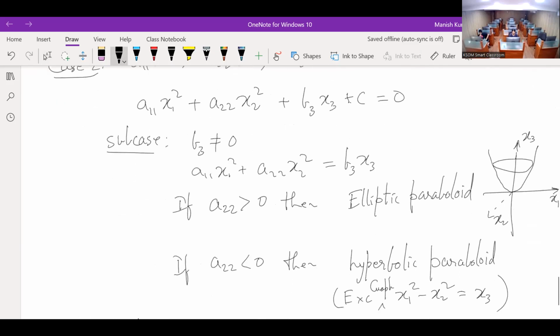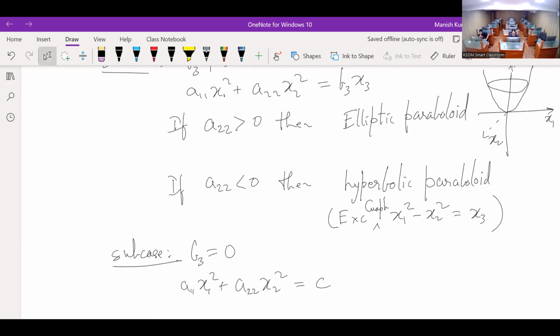So if you forget about the x3 coordinates, then it's either a hyperbola or an ellipse, depending upon whether A22 is positive or negative. We are assuming A11 is positive. And if you assume it's non-degenerate, then C is non-zero, then C is positive, let's say.